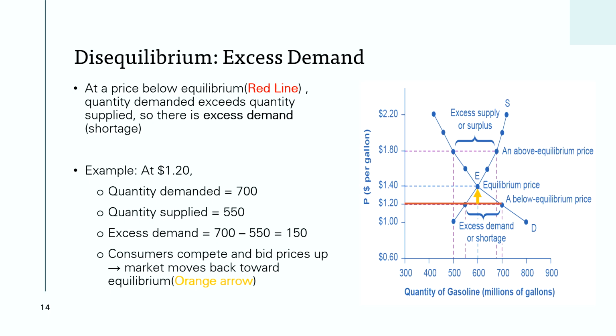This creates excess demand, or a shortage of 150 units. When a shortage occurs, consumers compete for the limited goods, often bidding up the price. This pushes the market back toward equilibrium.